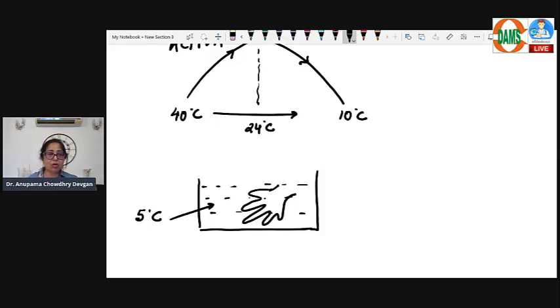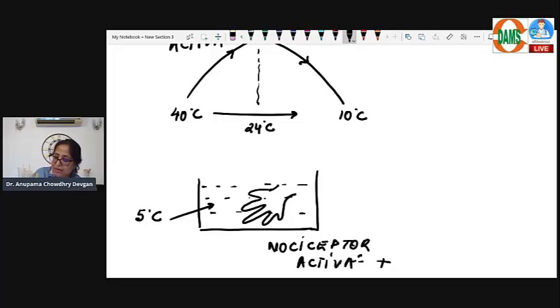At 5 degrees Celsius, there will be nociceptor activation. It is not the cold receptor activation. Which nociceptor? The thermal nociceptor, which responds to temperature. Have you understood? This is not going to activate the cold thermoreceptor, because activation of the cold thermoreceptor stops at temperatures less than 10.